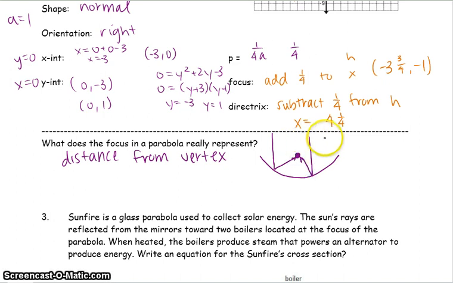So it bounces off the side, and no matter where it hits, it's going to go straight towards your focus. So that's something cool about your focal point or your focus, that your lines will come in and hit your parabola and go straight to your focus every time. So that's one cool quality of your parabola.